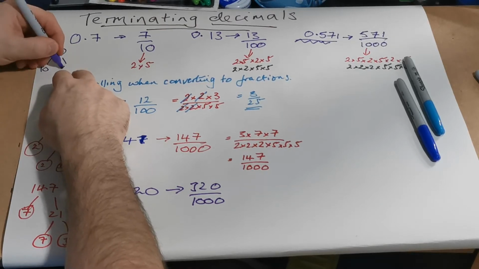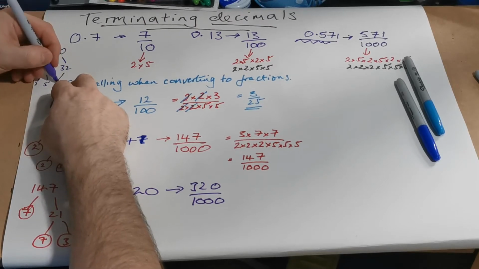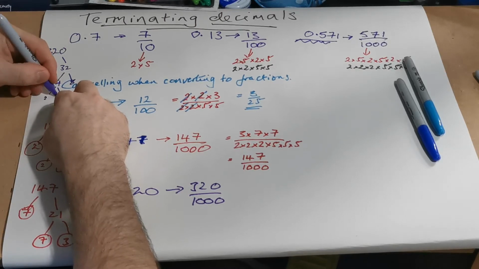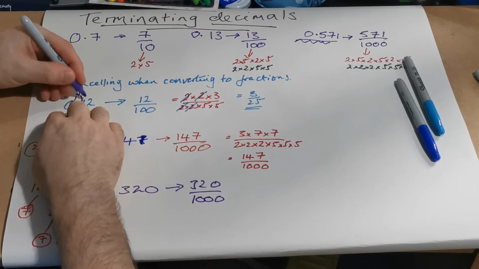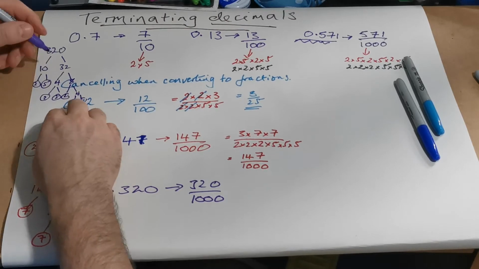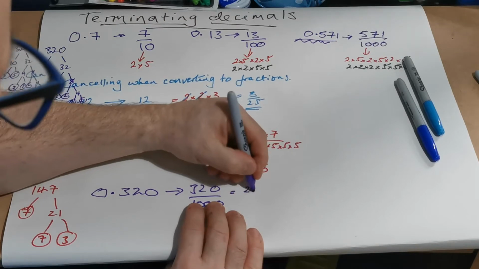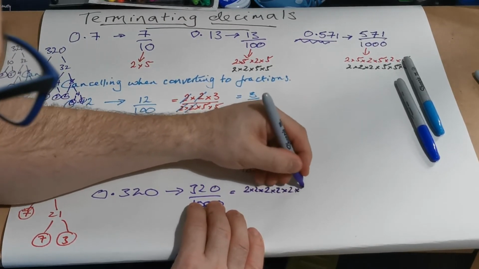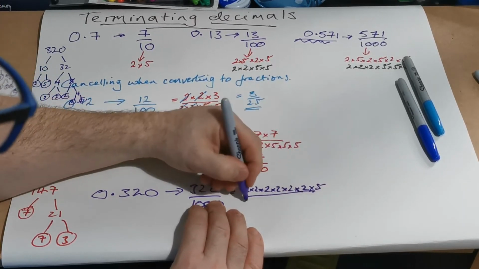That's 10 times 32, which is 2 times 5, and that's 4 times 8, which is 2 times 2, which is 2 times 4, which is 2 times 2. There's lots of 2's. 1, 2, 3, 4, 5, 6 2's. Times 5 over 1,000.